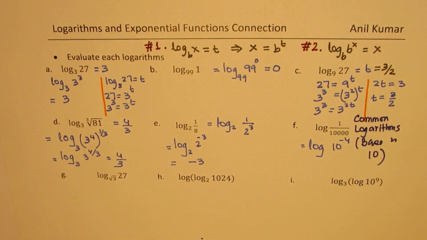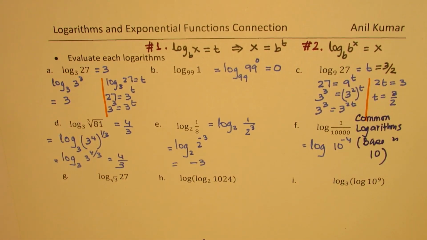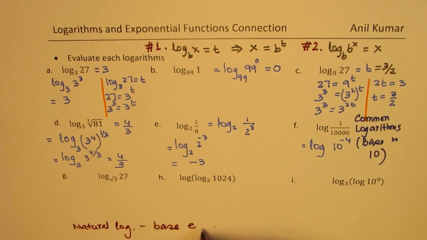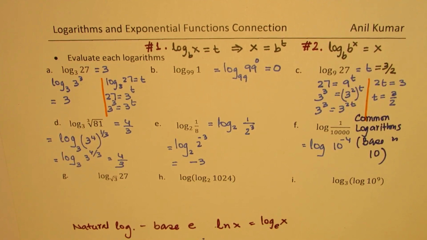The other one is a natural log. So let me write down the other one also, which is called natural log. I'm writing it in short as ln, and this is to the base e. So ln x is a natural log to the base e, correct? Which is the same as log to the base e of x. Does it make sense to you?